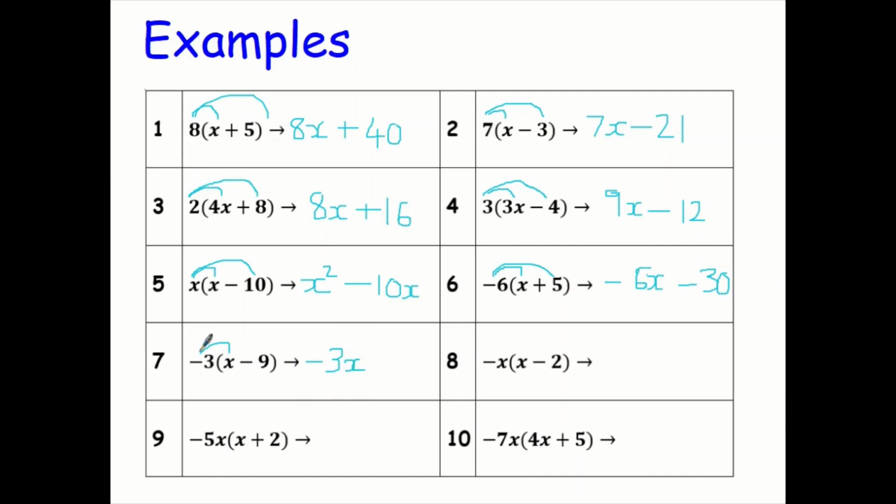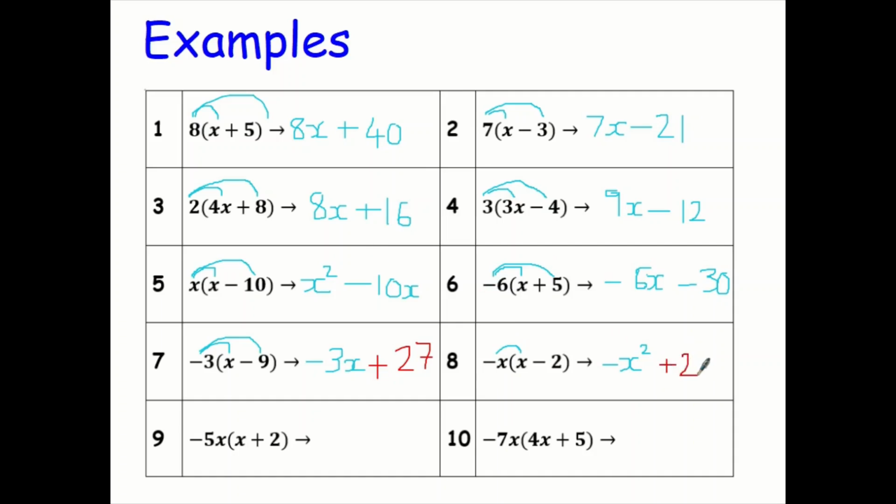Minus 3 times minus 9 is positive 27. Minus x times x is minus x squared. Minus x times minus 2 is positive 2x.